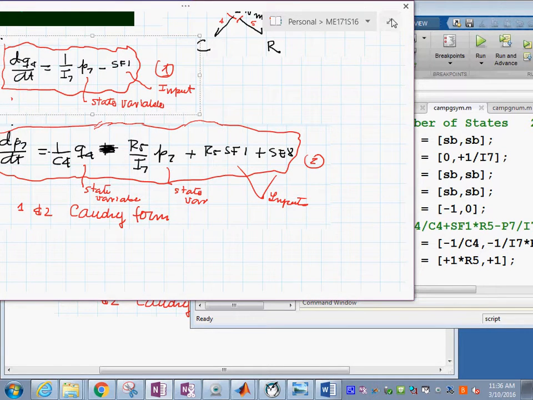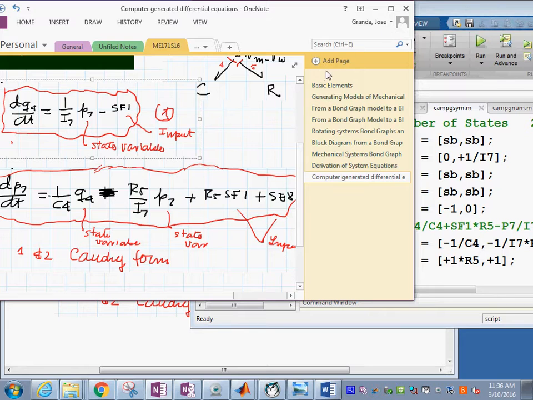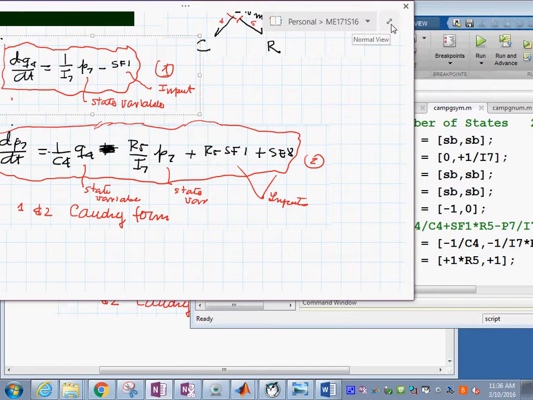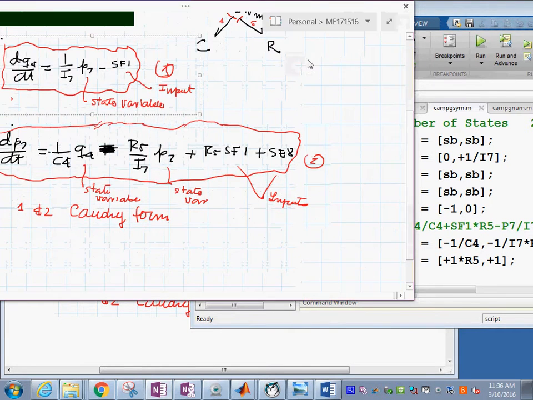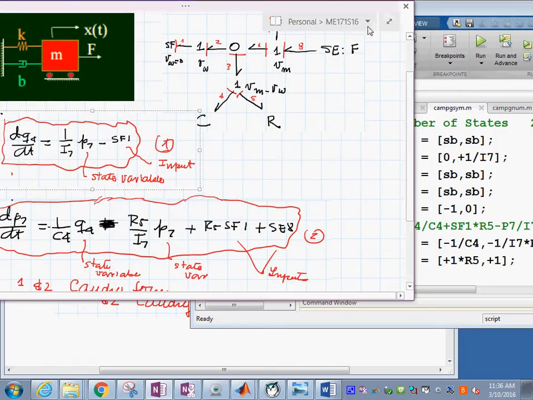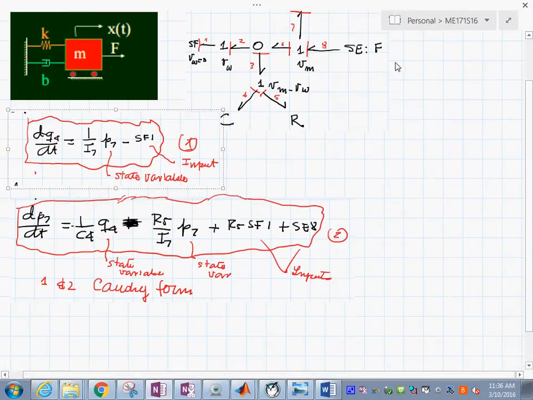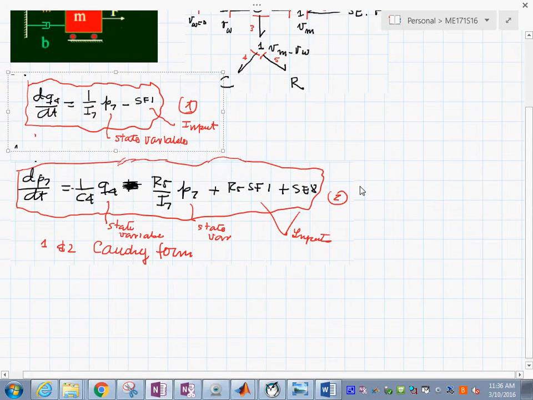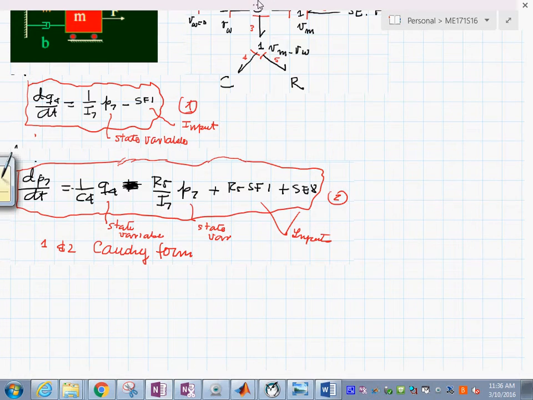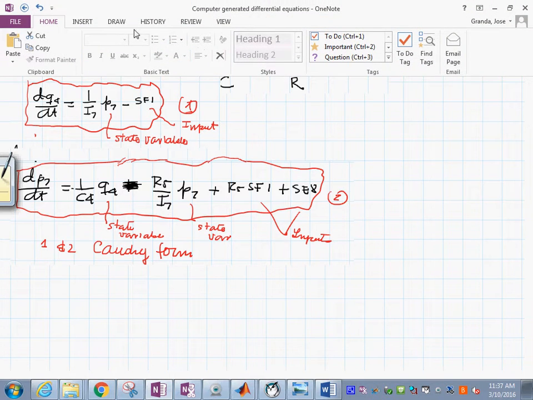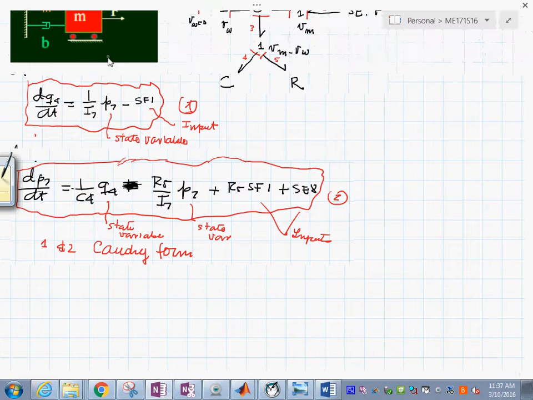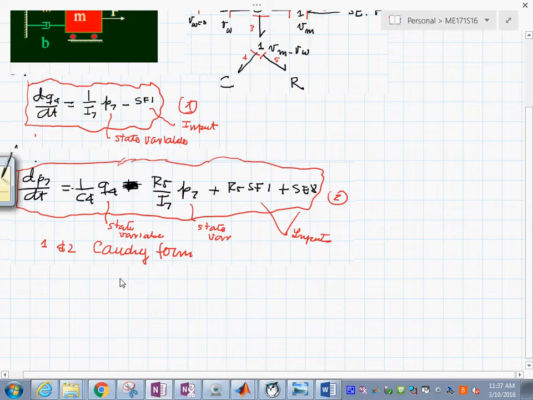You want a form where the derivatives look like a vector in here, and then the state variables are put into a vector and a matrix called the A matrix. And in here we have some matrix like this, and then the inputs are over here. Then finally you have a vector for the outputs.